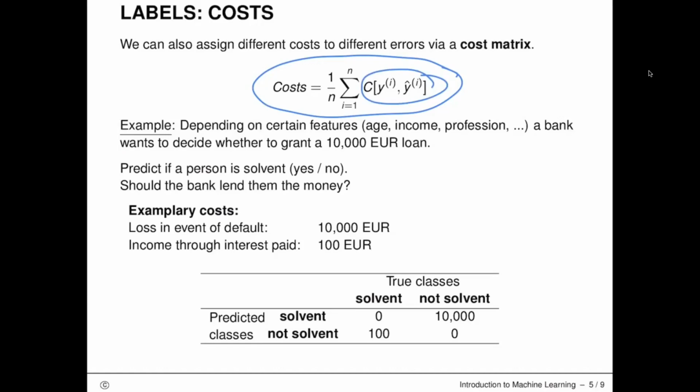We have a bank which wants to decide whether to grant a loan of 10,000 euros to a person and has some features like age, income, and profession of that person. So we have a classifier which predicts if a person is solvent or not. And the question is, should the bank lend the person money or not?